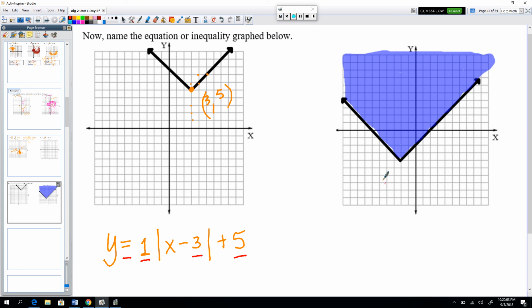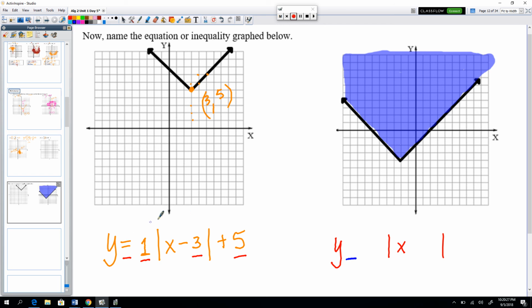So let's take a look at this last example here. We know we've got a y. We know we've got absolute value. We know we've got an x. We just need to fill in the rest. So let's take a look at what the rest is. Let's first look at, what do we have? Equality, inequality, what do we got going on here? I see shading happening. So because there's shading happening, I know there's not an equals.